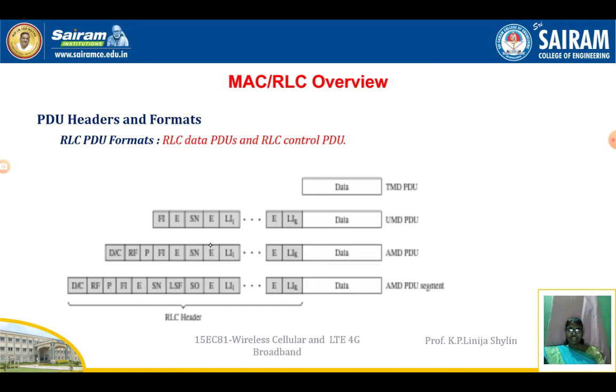It will tell the number of the corresponding UMD or AMD PDU. For example, in the protocol data unit there are 10 bits for the AMD PDU and AMD PDU segments, and 5 bits or 10 bits for the UMD PDU.